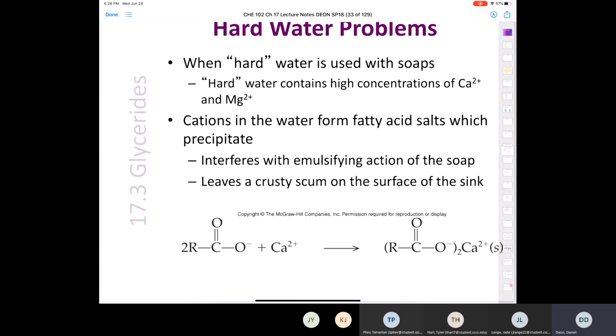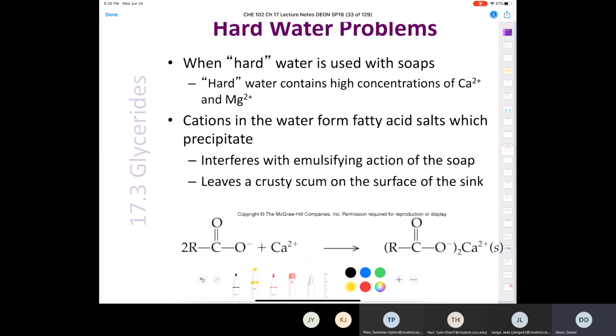With respect to hard water, I had an uncle in Canada, and at his house we'd go there and he always had hard water problems, which could be really irritating. It says that hard water contains high concentrations of the alkaline earths, calcium and magnesium.